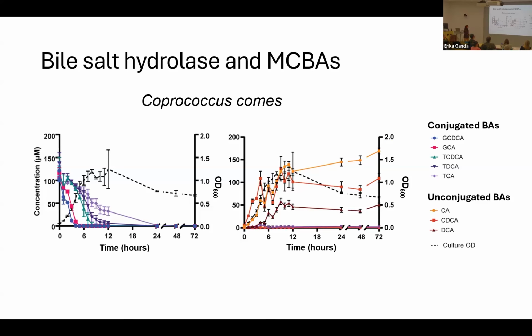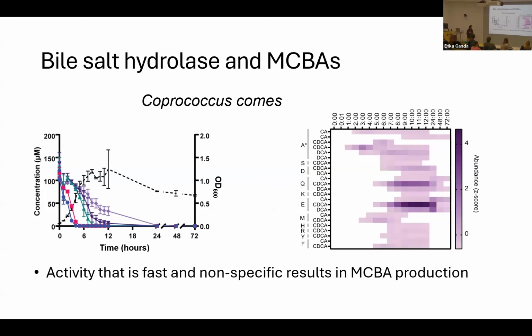It's a lot of lines, but typically our conjugated bile acids are in these purples and pinks. So the conjugated bile acids go down, pretty much disappearing from the media by 12 hours, and simultaneously, of course, we see the unconjugated bile acids show up. This is just one example of 4 bacteria that we had that had really rapid and non-specific bile salt hydrolase activity.